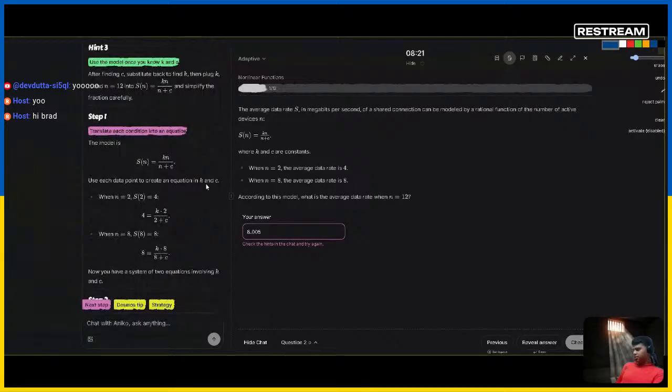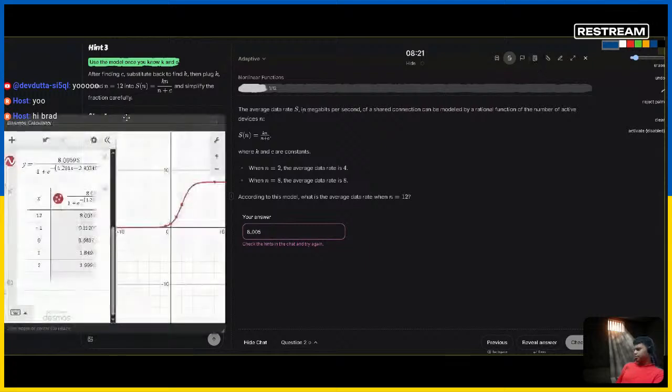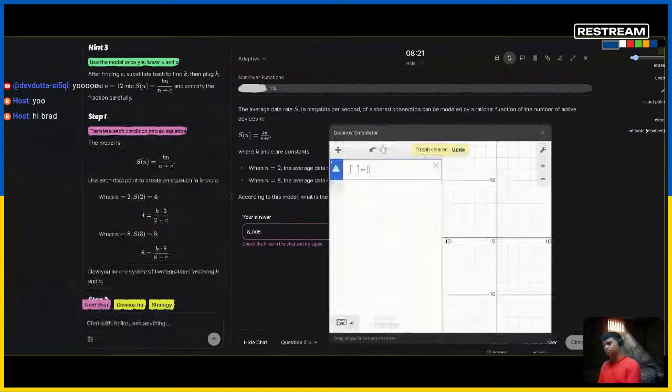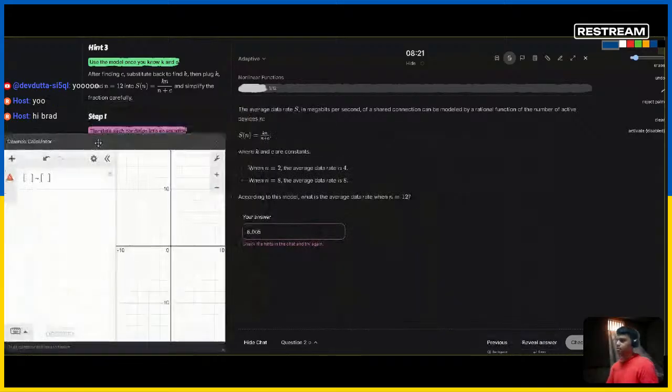Use this data point to create an equation with k and c. For n equals 2, Sn equals 4. Wait, you're right. Can we just do this? Okay, wait, let's do it.